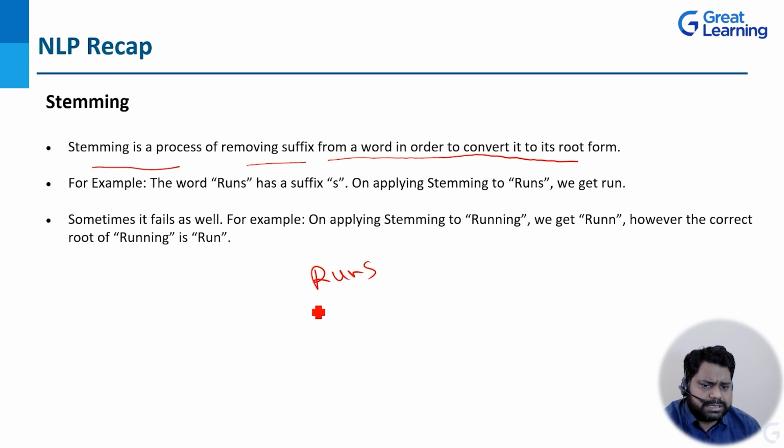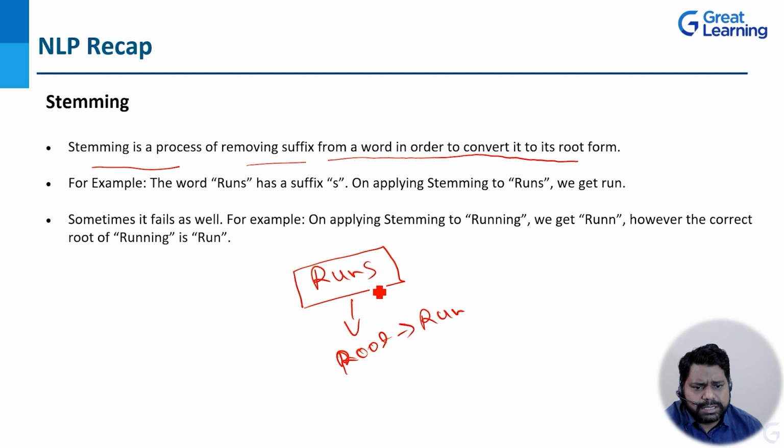The root of this word is "run", and "runs" is another verb form of it, so the s is a suffix. With the help of stemming, we can drop it and convert it into "run". So by removing the suffix, we can change the word to its root form.